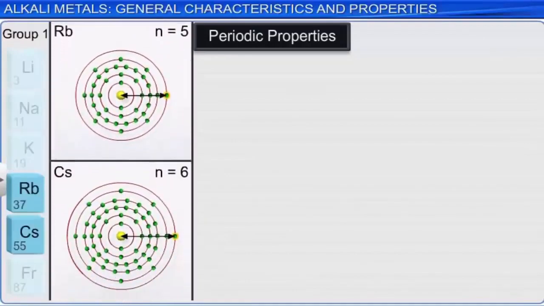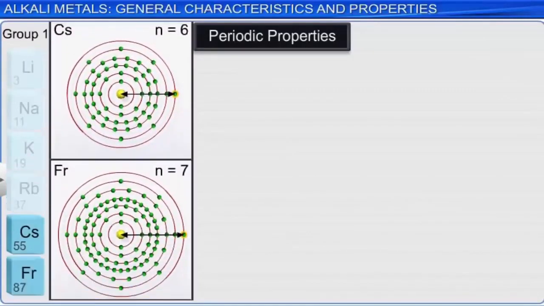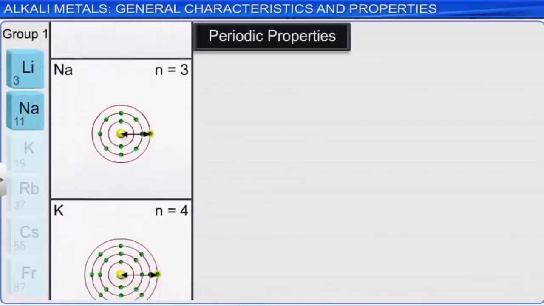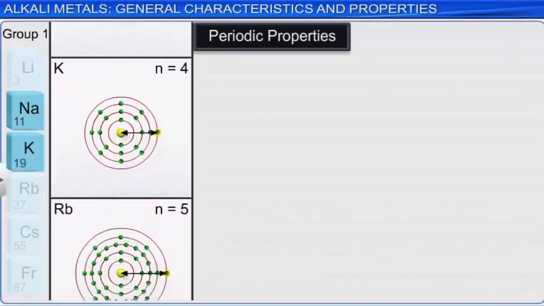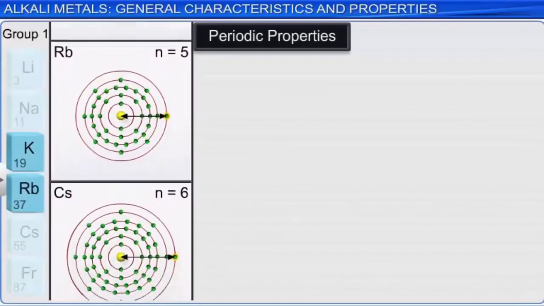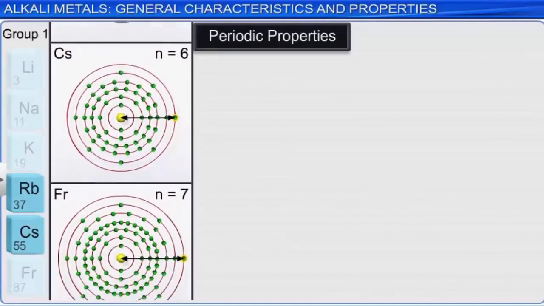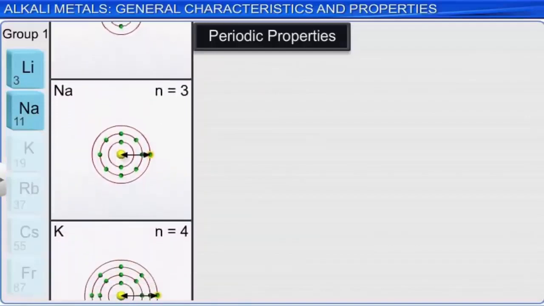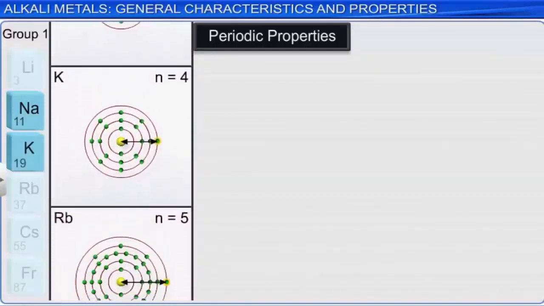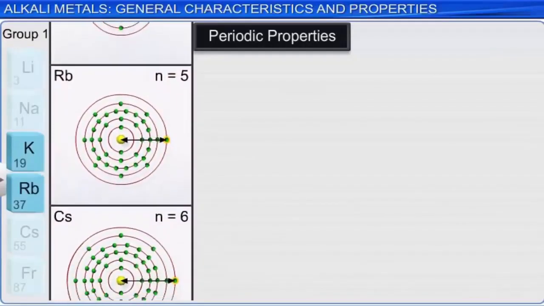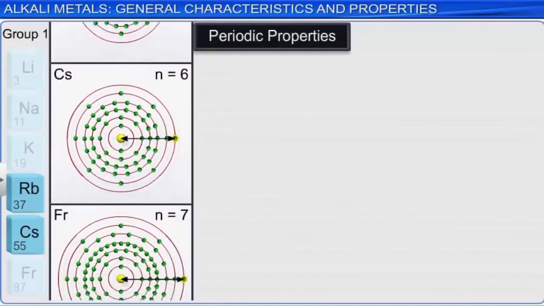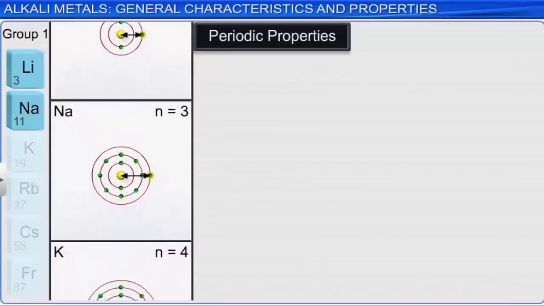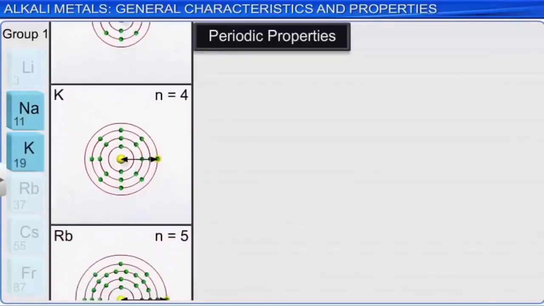The second reason: on moving down the group, the ionization enthalpy decreases, because the number of inner shells increases along the group. As the number of shells added increases, the atom size increases, and so does the magnitude of the screening effect. What is the screening effect?